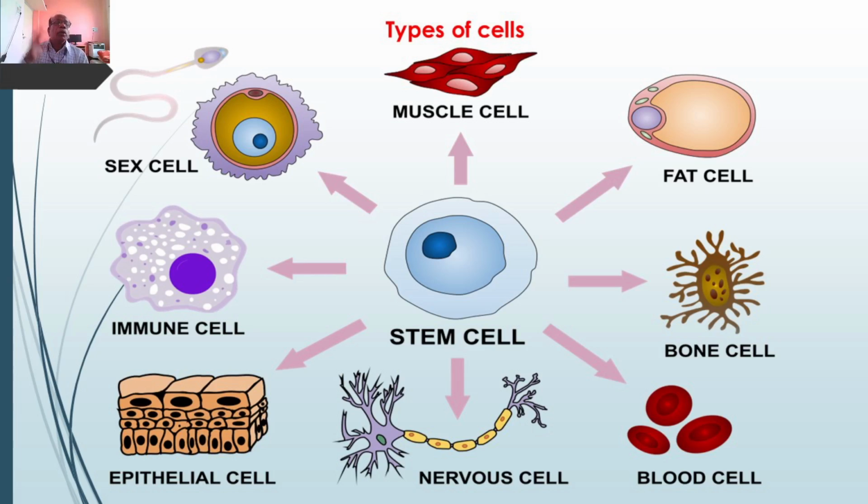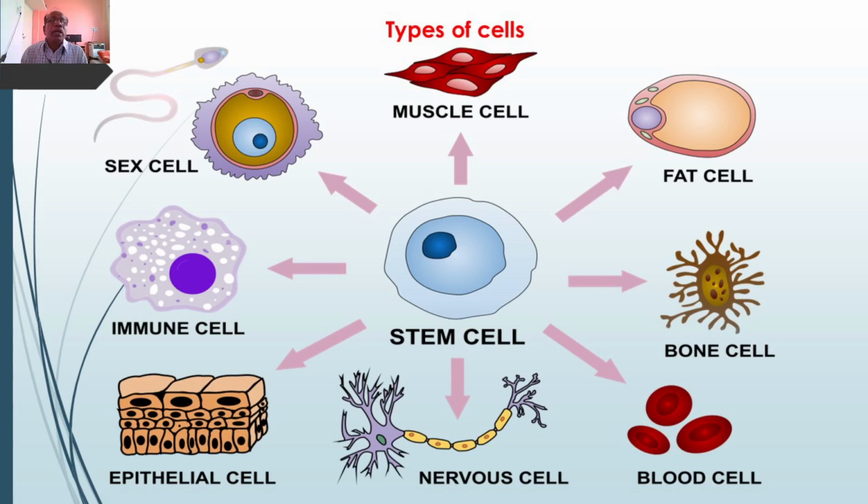But as the embryonic development goes forward so as to develop into a new organism, there is a stage during which three basic germ layers develop, that is ectoderm, mesoderm and the endoderm.